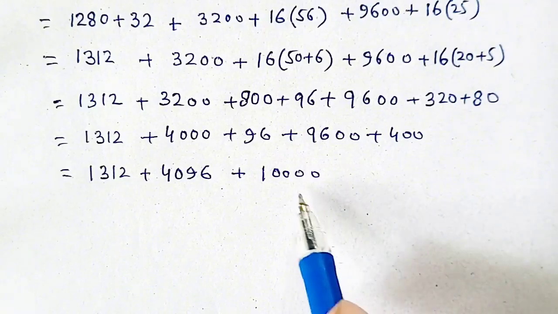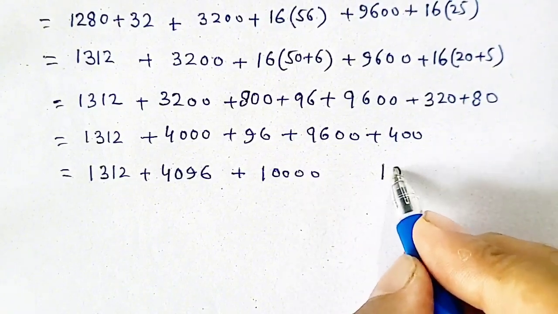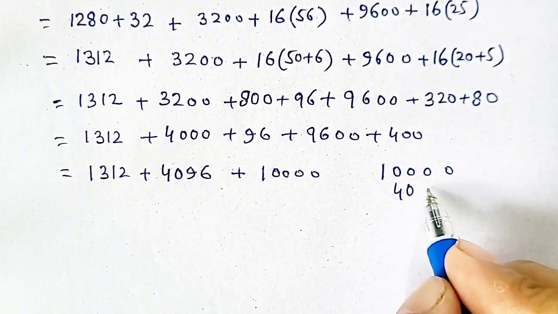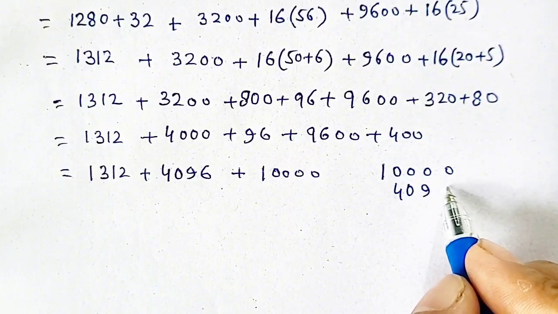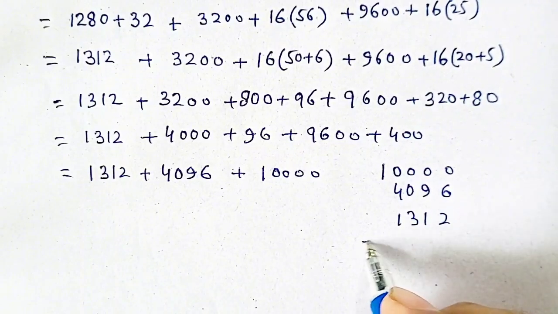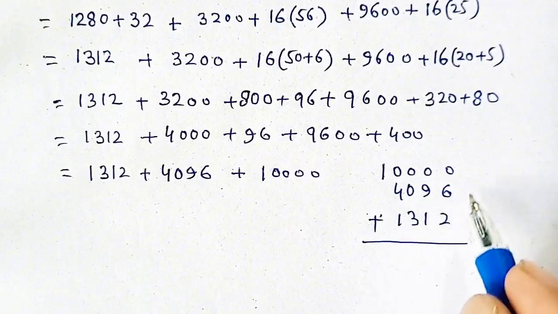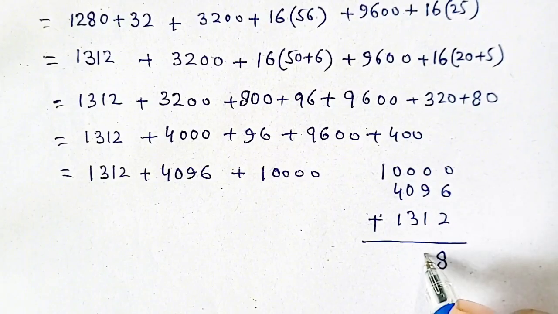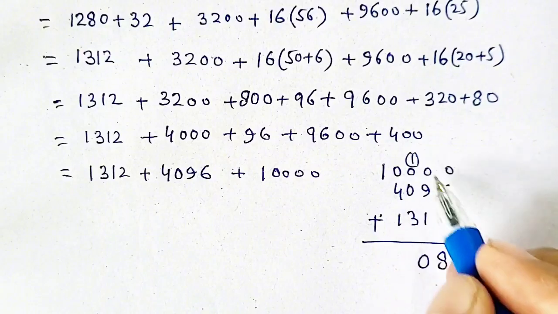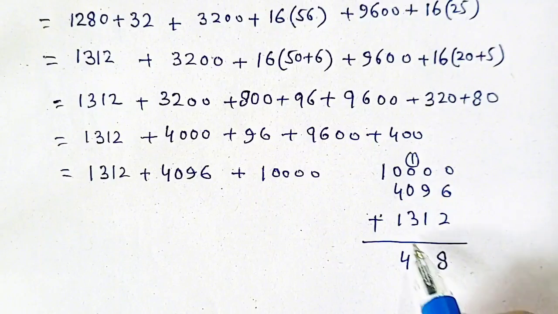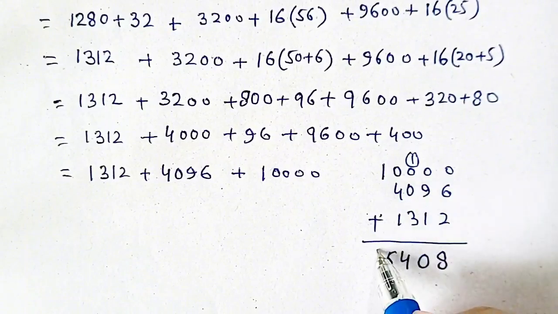Now we add these three numbers. 10,000 is greatest, then 4096 and 1312. 6 plus 2 is 8, 9 plus 1 is 10 and 1 carry, it will be 4, and 4 plus 1 will be 5, and here is 1.